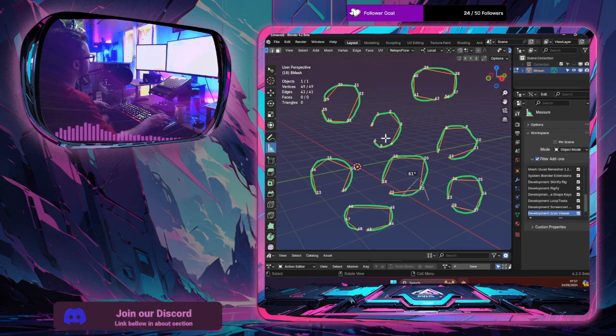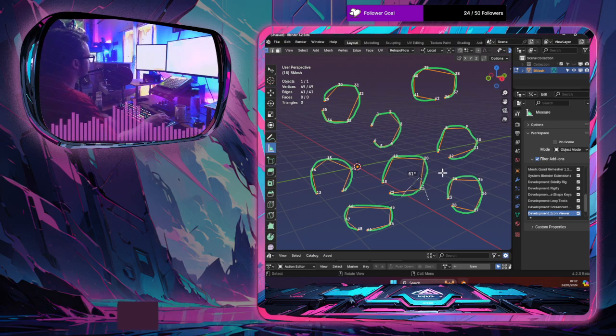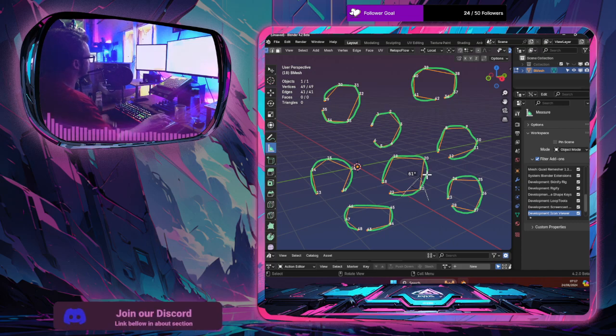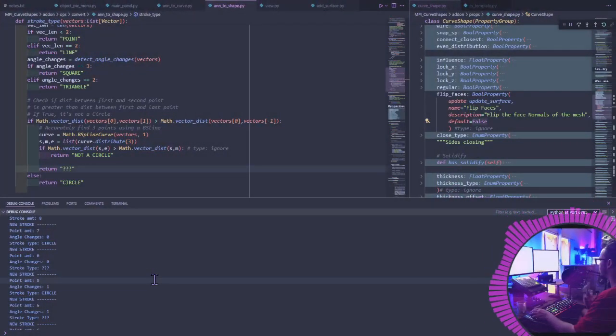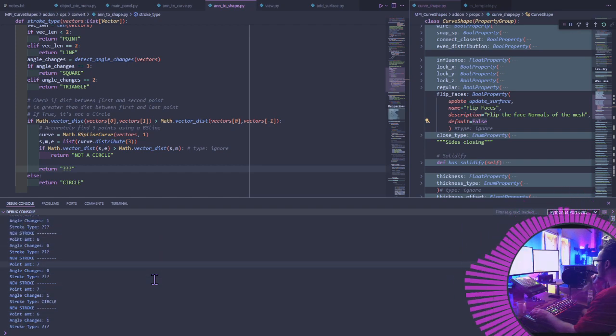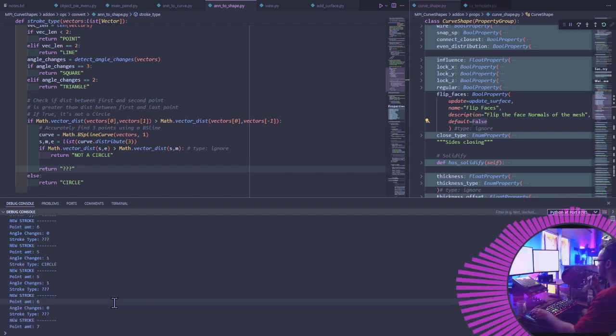Yeah, but these aren't circles anyway, right? Which means I shouldn't have circled there anywhere.